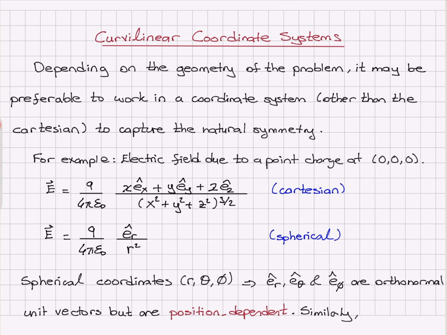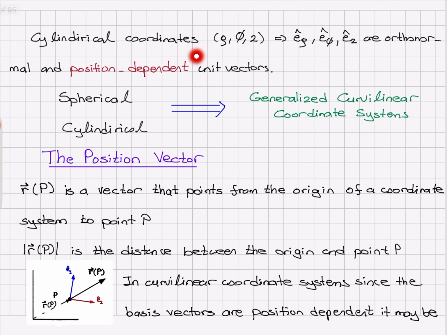The spherical coordinates capture the symmetry of the problem, so that the electric field is q over 4 pi epsilon 0 er hat over r squared, where r, theta and phi are the spherical coordinates with the corresponding orthonormal unit vectors er hat, e theta hat, e phi hat, which are position dependent. Similarly, in cylindrical coordinates rho, phi, and z, we have e rho hat, e phi hat, e z hat, orthonormal but position dependent unit vectors. So they depend on the point where we consider the position vector.